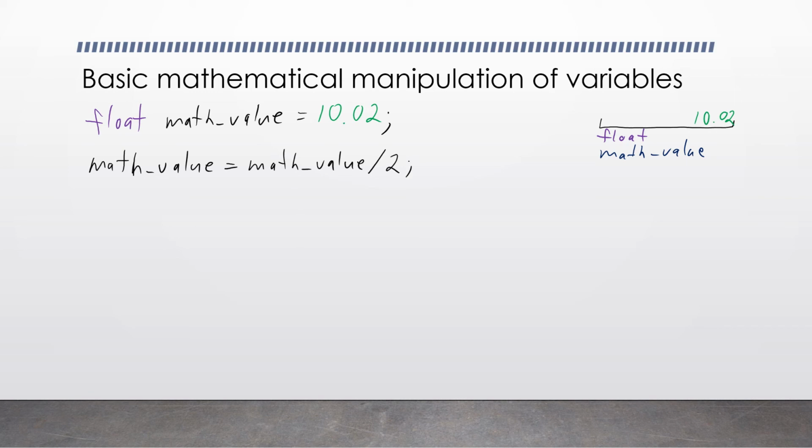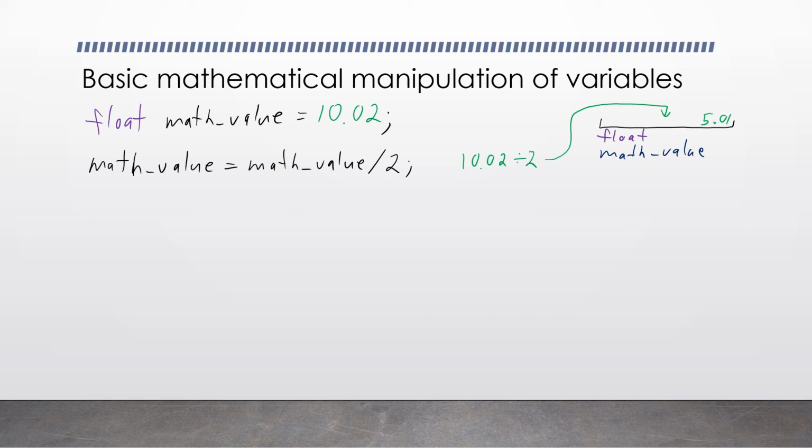Okay, well, that's going to take the value that's currently in mathvalue, 10.02. It's going to divide it by 2, and it's going to store the output in mathvalue. So it's going to overwrite 10.02 with 5.01.